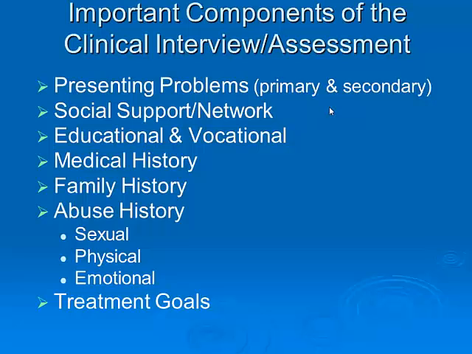There are instances where other information may rise to the top when you're working with your client, especially if you have good rapport. And so you do want to pay attention to that information as well. But at its core, these are the specific areas of significance that you must pay attention to when conducting the clinical interview or assessment.